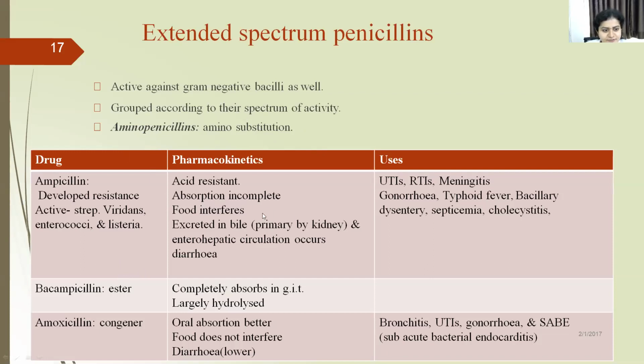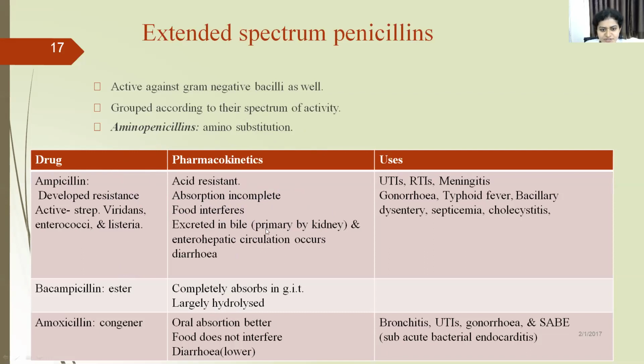So what is the difference between ampicillin and amoxicillin? You have to remember, they mostly differ in their pharmacokinetic property. With ampicillin, food will interfere with the absorption of this drug, so you have to give it 1 hour before or after food.